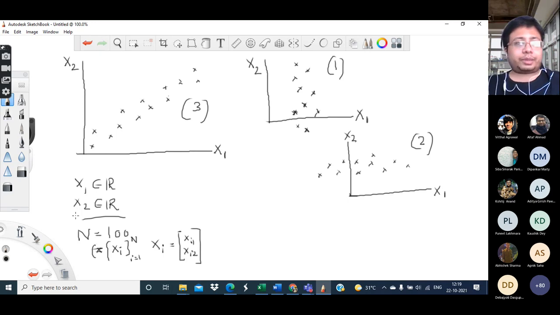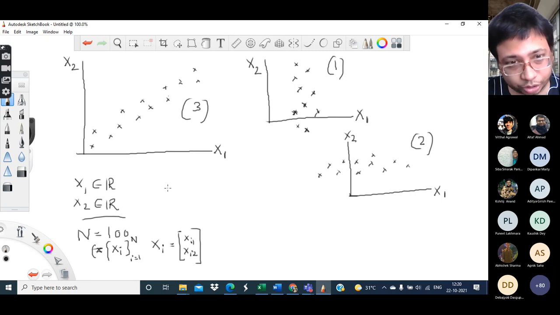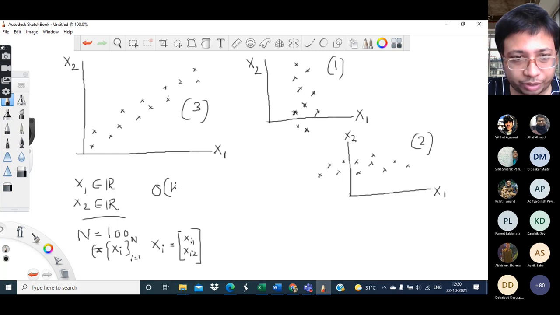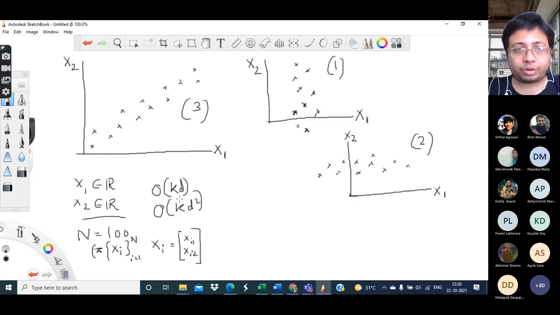But suppose I tell you that whatever algorithm I am going to use has some computation cost, maybe something like order of kd, or order of kd square, etc., where d is basically the dimensionality of the data.